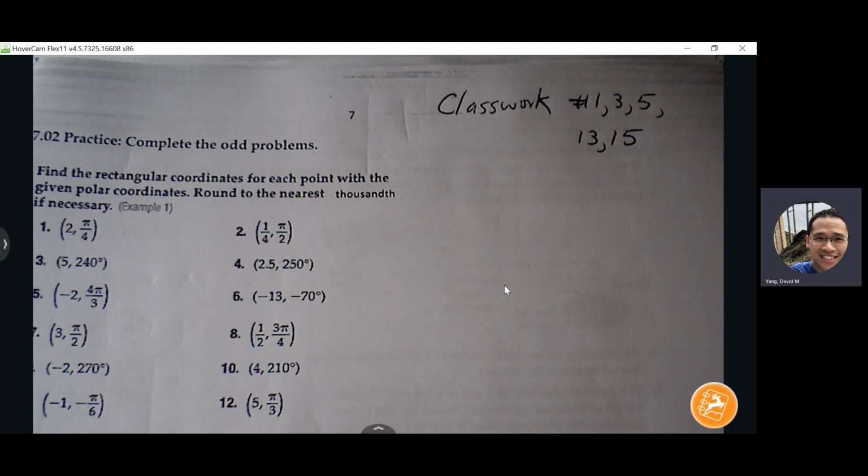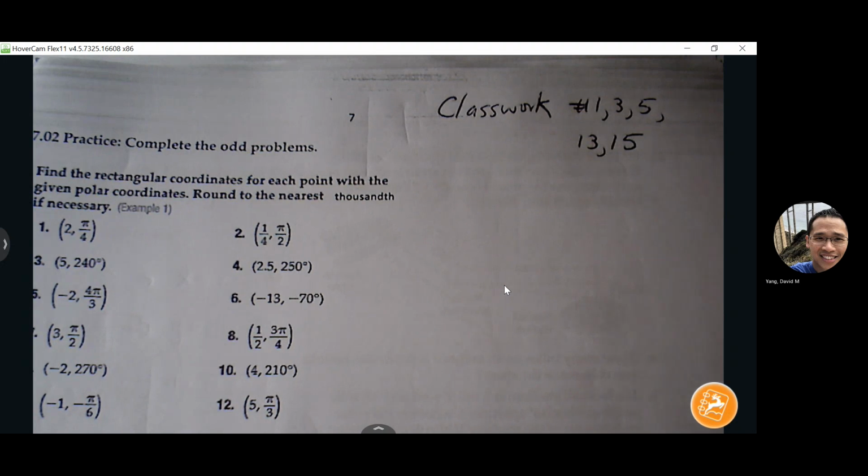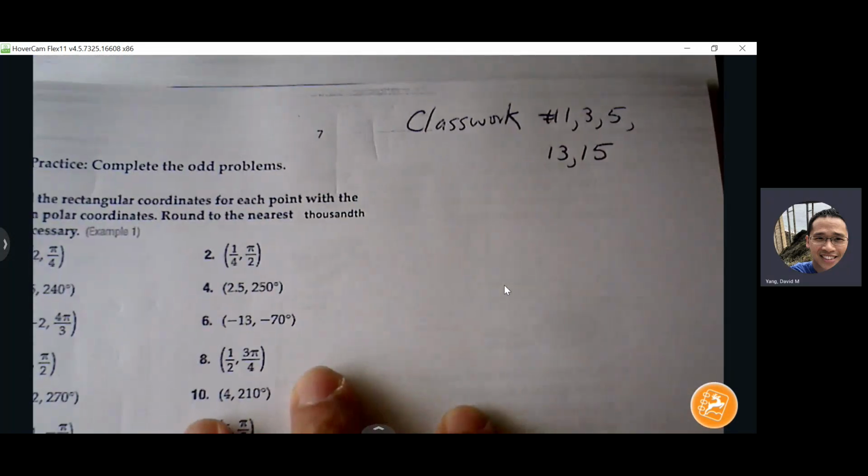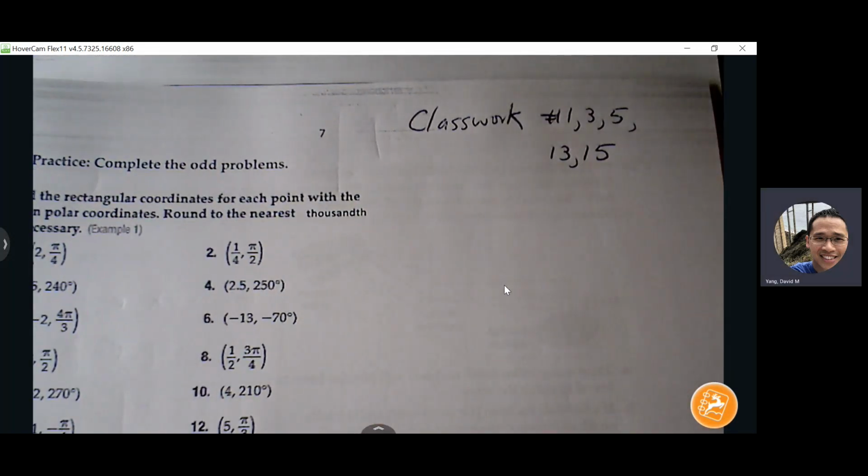For 13, 15, you'll use inverse tangent and Pythagorean theorem. You just have to adjust to the radians and knowing which quadrant you're in. Okay, go ahead and circle those problems, 1, 3, 5, 13, and 15.